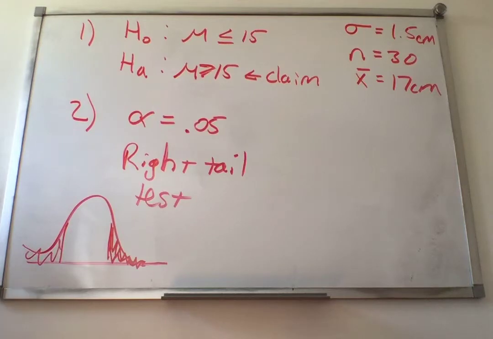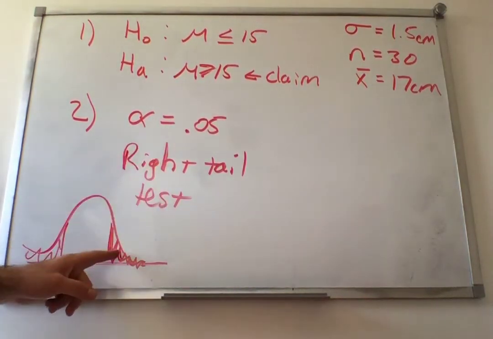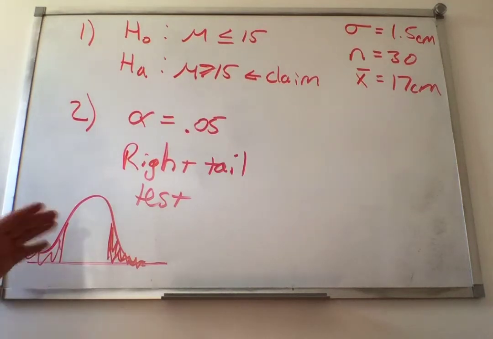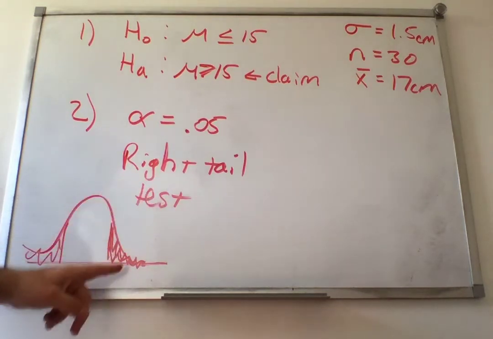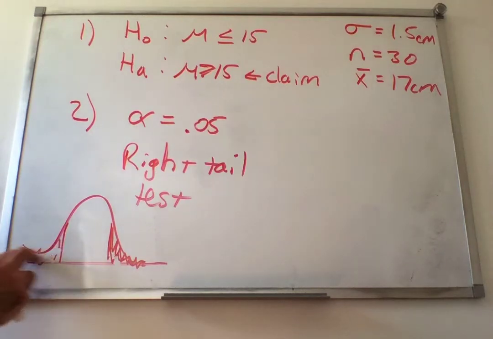So that's all that's doing. When we find the p-value, remember, probability is the area under the curve. In this case, we are finding the probability in this right tail, since it's a right-tail test. If it was a two-tail test, we'd be finding the probability in both tails. Left-tail test, probability over in the left tail.